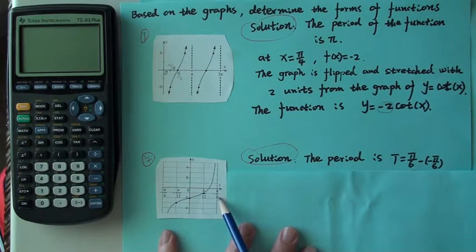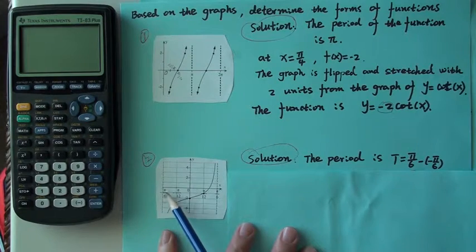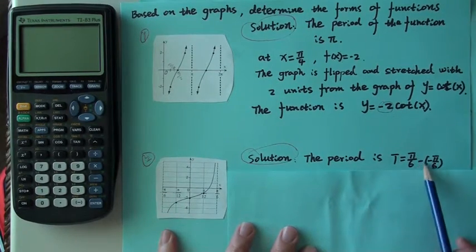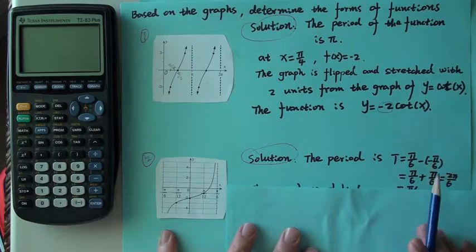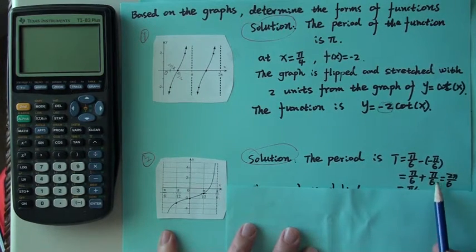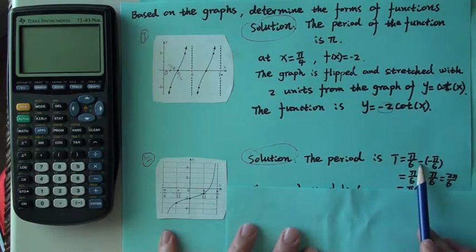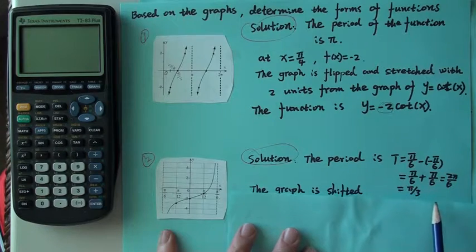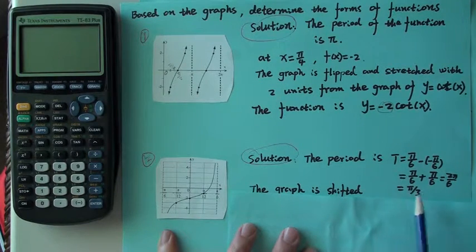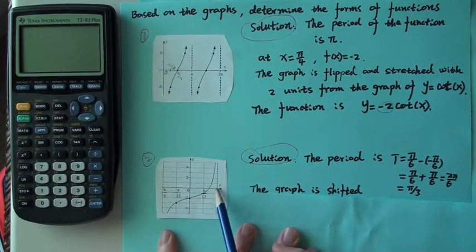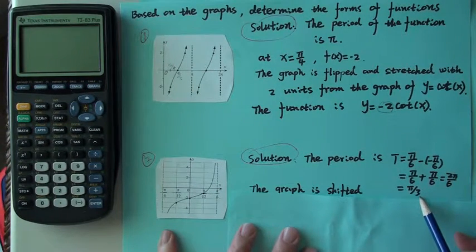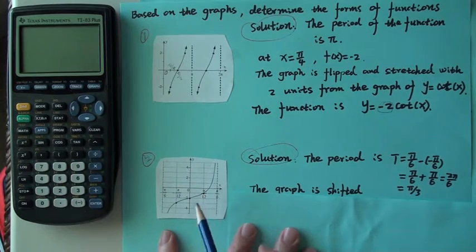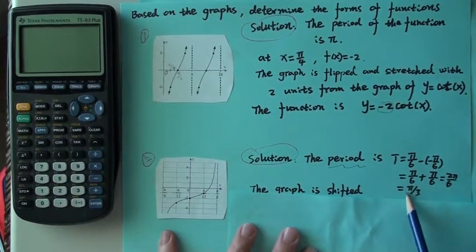You use pi over 6 subtract negative pi over 6. You then have pi over 6 plus pi over 6, because here is negative. And then you have 2 pi over 6, cancel 2, pi over 3. So from this point to this point, the distance is pi over 3, and that's one period. So the period is pi over 3.